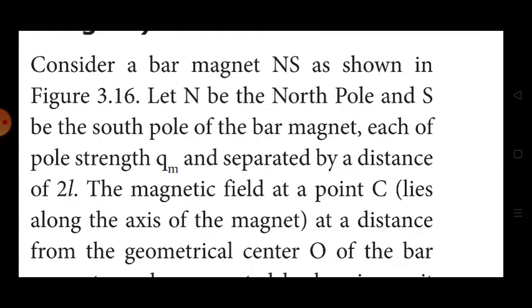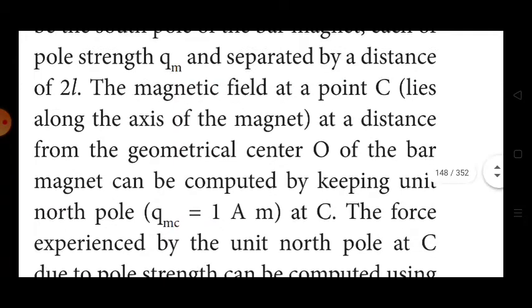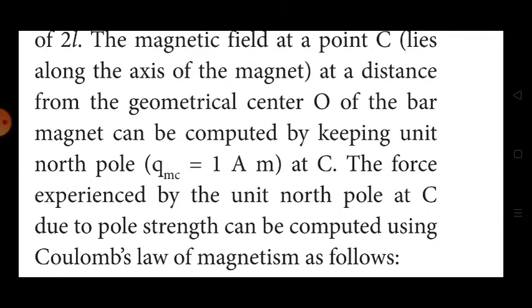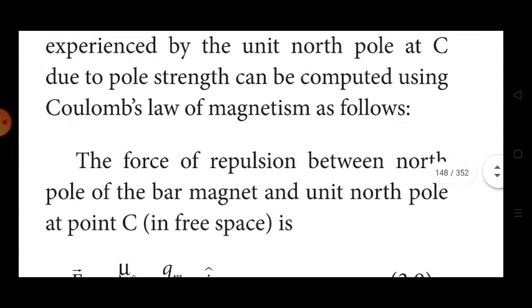The magnetic field at a point C, which lies along the axis of the magnet at a distance r from the geometrical center O of the bar magnet, can be computed by keeping a unit north pole, that means pole strength equal to 1 ampere meter, at C. The force experienced by the unit north pole at C due to the pole strength can be computed using Coulomb's law of magnetism as follows.